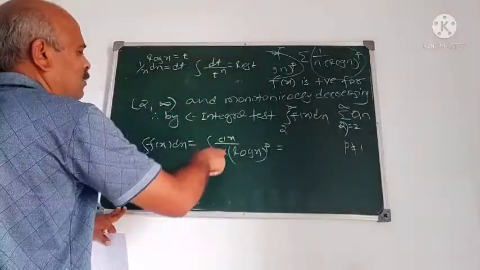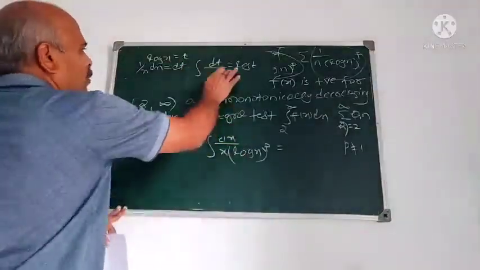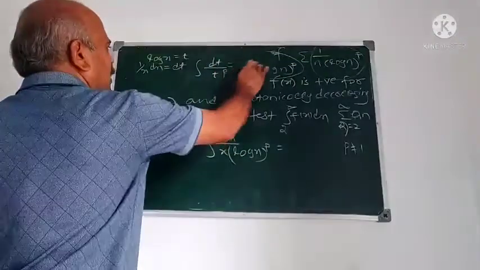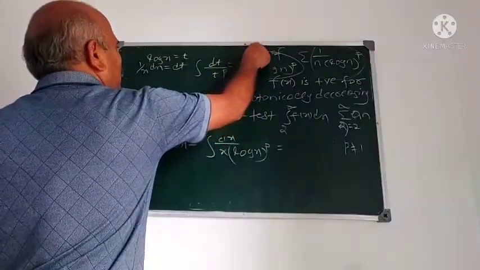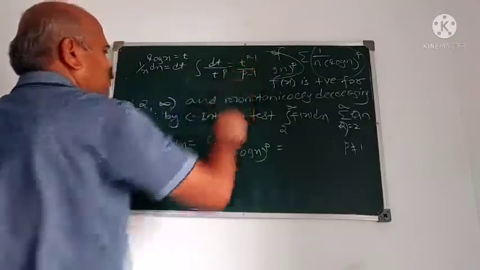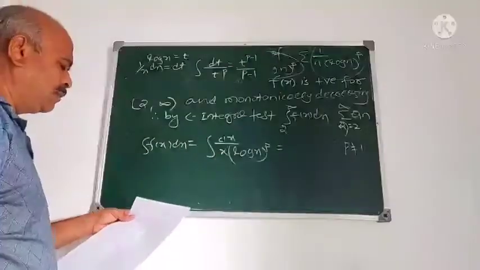What is the integral of t raised to minus p? It is t raised to minus p plus 1 by minus p plus 1, since p is not equal to 1.